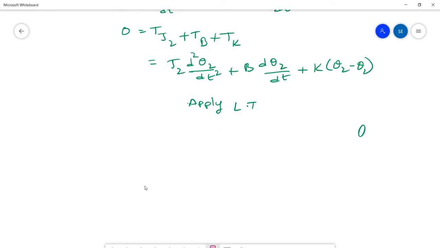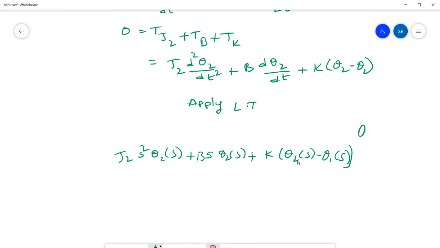Anyway, we'll write it here. Applying Laplace transform, the terms you get are J2 s square theta 2 of s plus B into s theta 2 of s plus K into theta 2 of s minus theta 1 of s, and that is equal to 0, since the left hand side is 0.